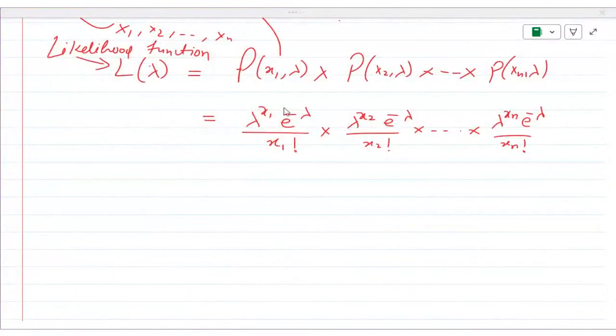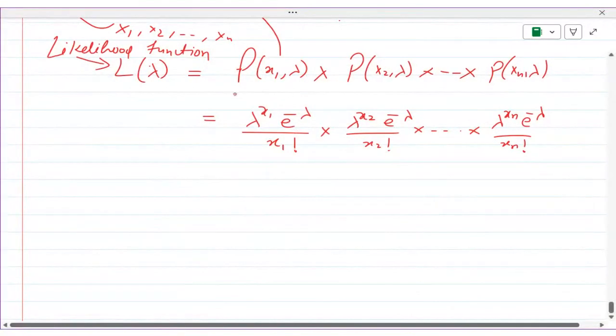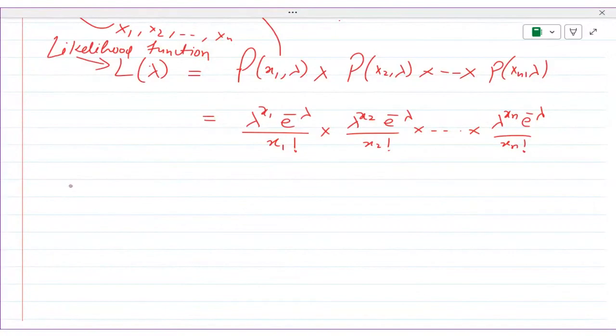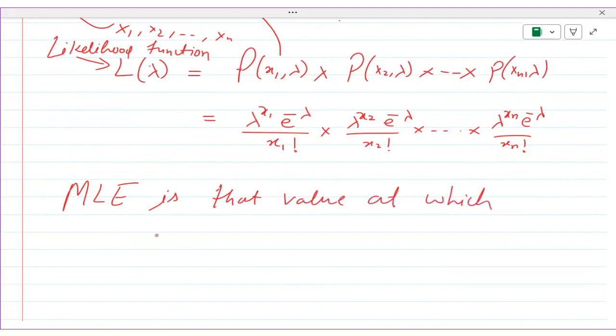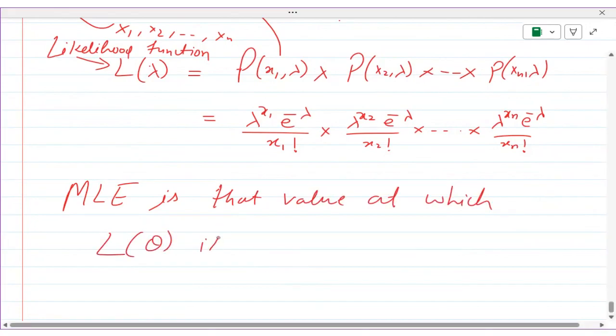It is that value of the parameter theta, MLE, maximum likelihood estimator, at which L of theta is maximum, at which the likelihood function is maximum.